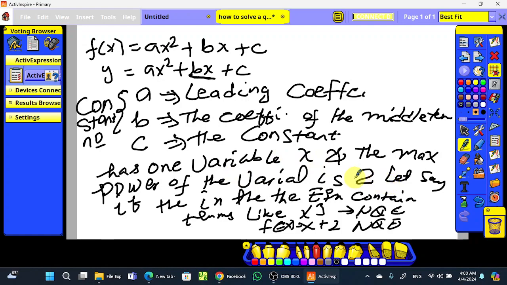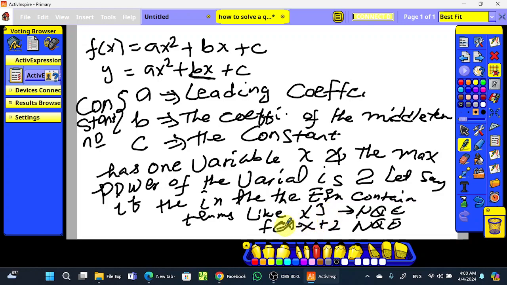It can't be more than 2 or lower than 2 to be a quadratic equation. If you have a term like x cubed, it's not a quadratic equation. It's going to be a polynomial of degree 3.